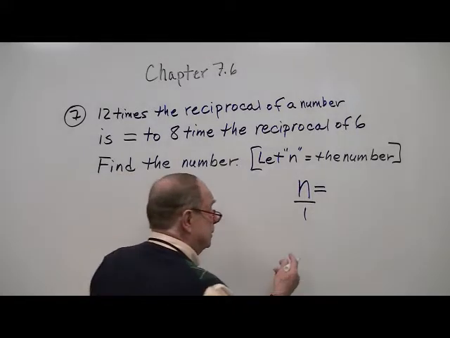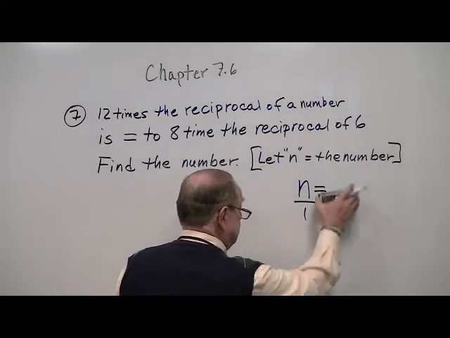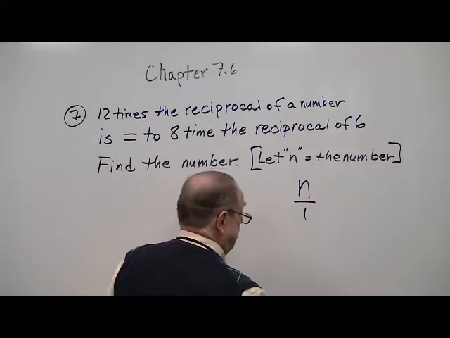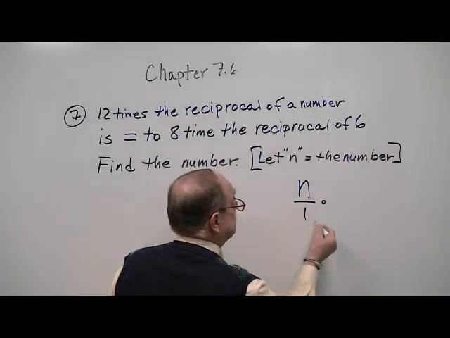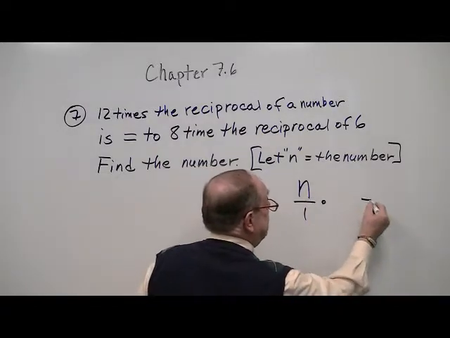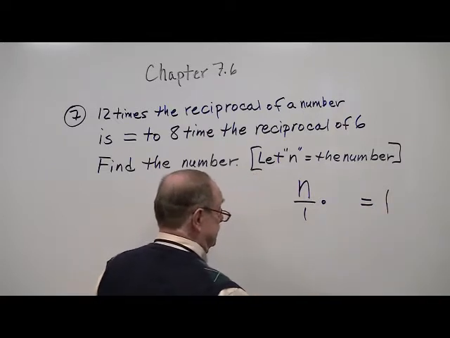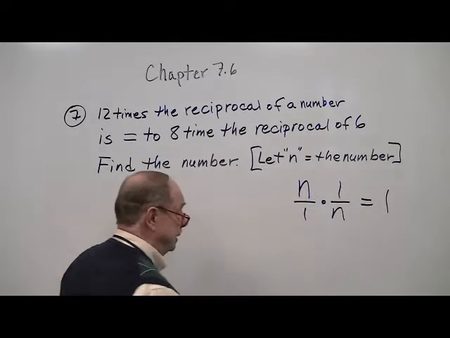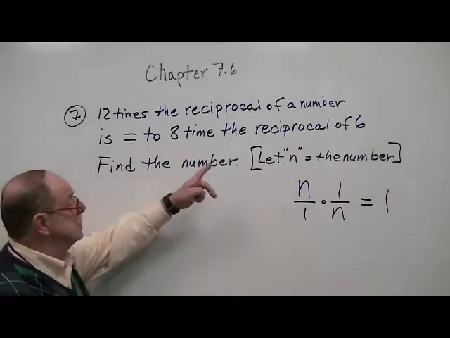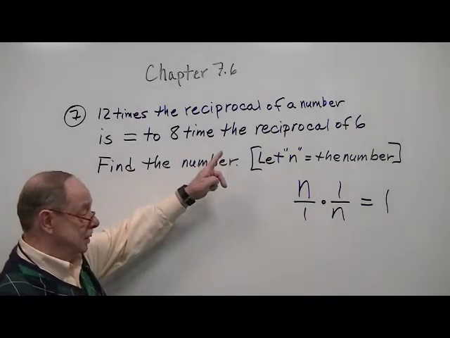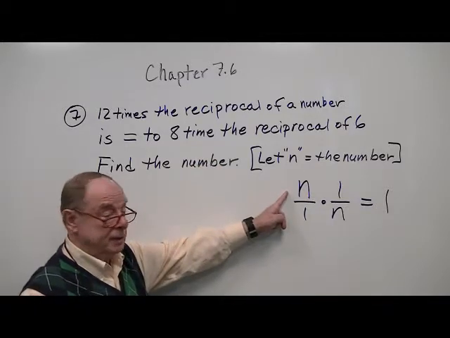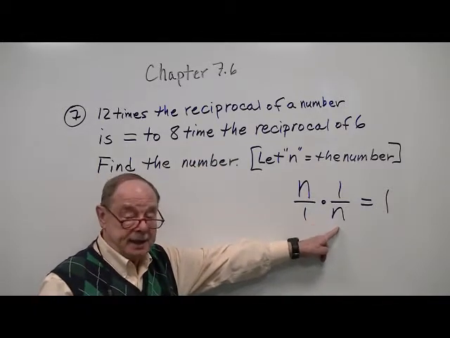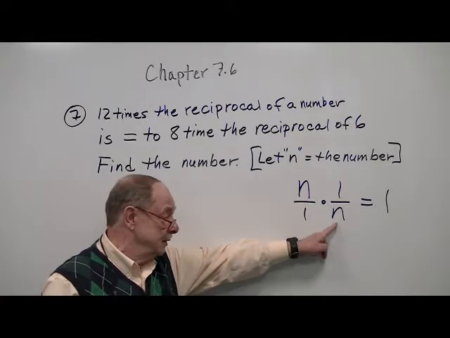And we said before the reciprocal of it, and I shouldn't put an equal sign there, is something we're going to multiply n by so that it equals 1 over here. So that's going to be 1 over n. So the reciprocal of a number, there's the number, and there is its reciprocal. That's key.